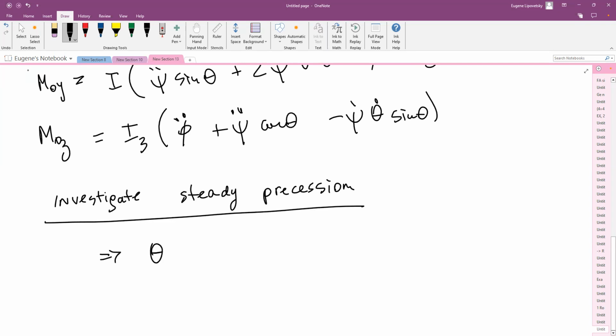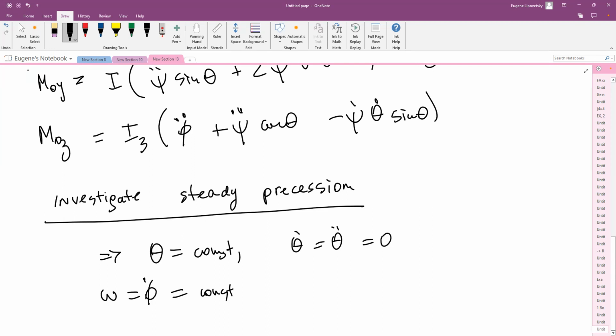That means theta equals a constant, so theta dot equals theta double dot equals 0. And then omega, that's the spin, is also a constant.